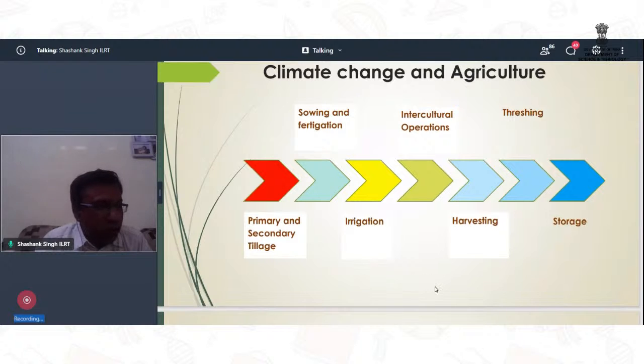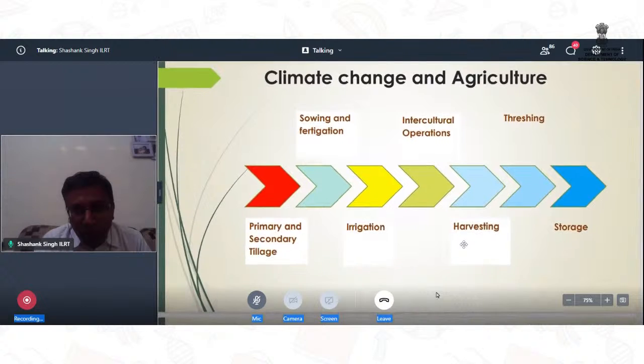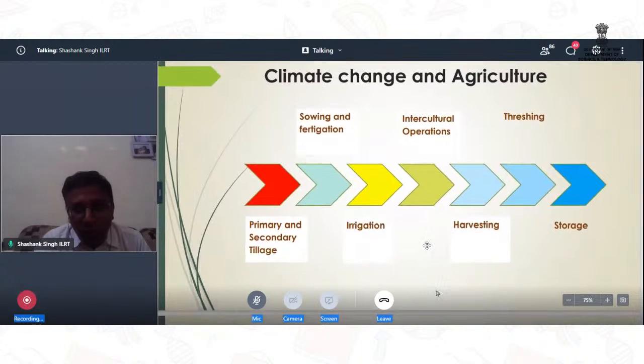Otherwise, they would lose the potential crop yield. So technology can play a very important role, and at all these steps, we need small implements that can reduce drudgery and at the same time improve the efficiency of their work. Next slide, please.